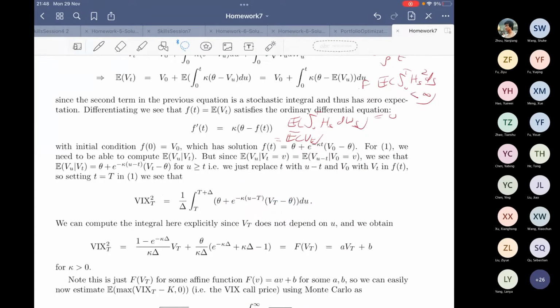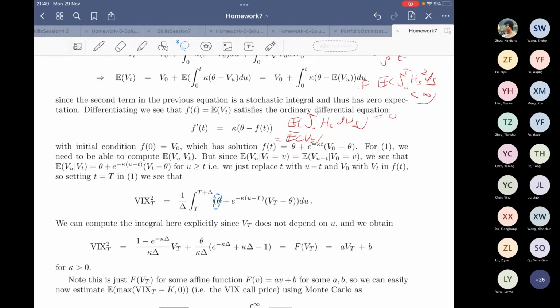But we can compute this integral explicitly as well, because vt, although it's random, does not depend on u. All we really care about is the u, because it's an integral with respect to u, and the only u dependency is this simple exponential. So when you do that, you have to be a bit careful. I probably cheated and did this in Mathematica. Obviously you compute the indefinite integral.